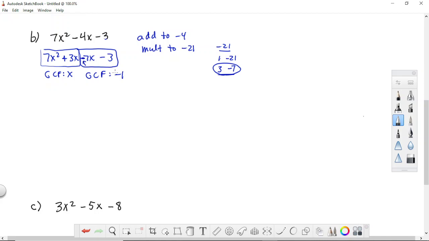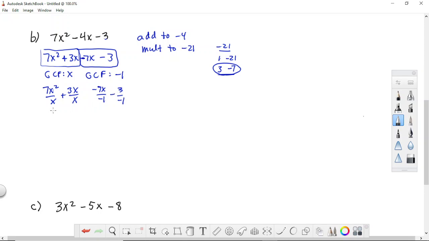So when you have that, it makes sense to factor out negative, okay? So let's now divide 7x squared divided by x plus 3x divided by x. And over here it's going to be negative 7x divided by negative 1 and negative 3 divided by negative 1.